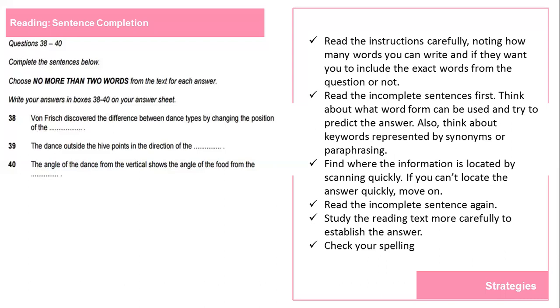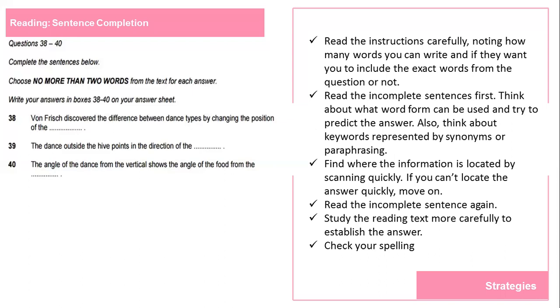For example, the keyword in questions number 38, maybe it will be about font phrase, and then tense types, and then changing the positions, blah blah blah. Okay. Jadi saya akan mengidentifikasi keywords-nya.